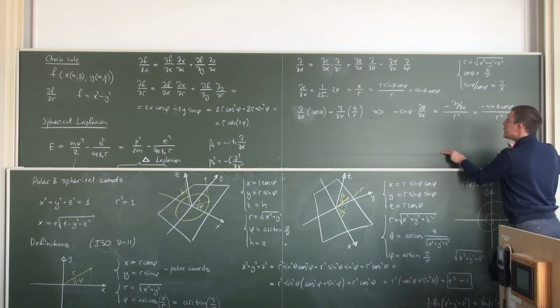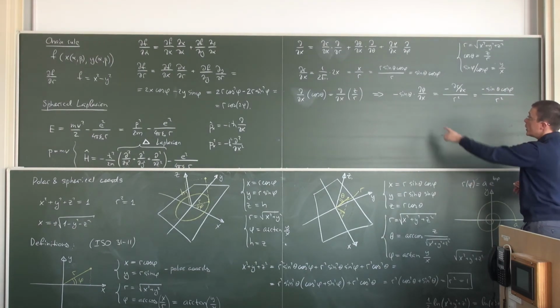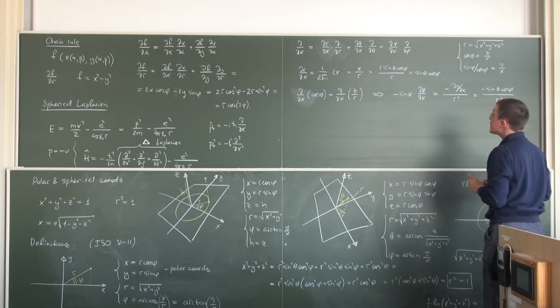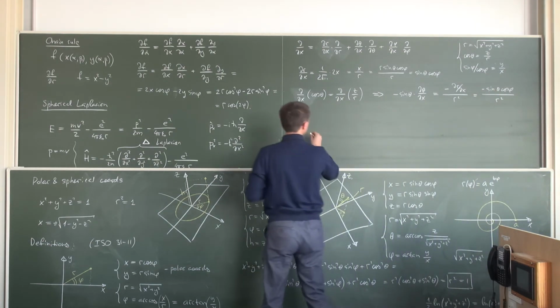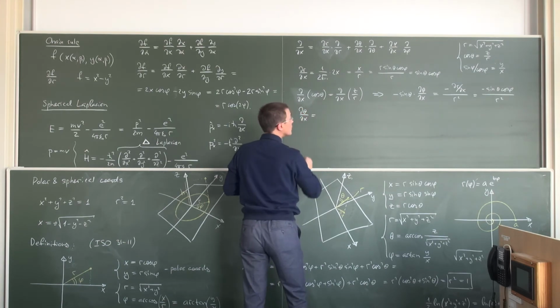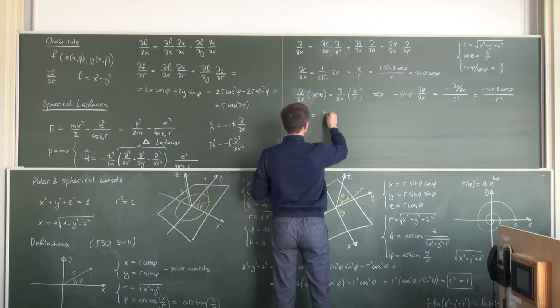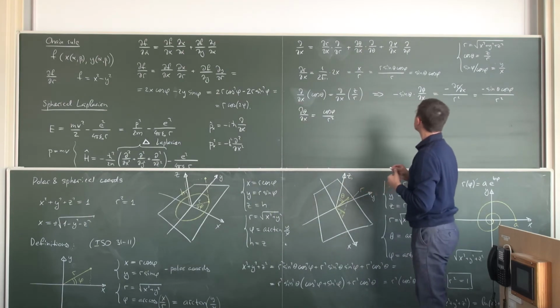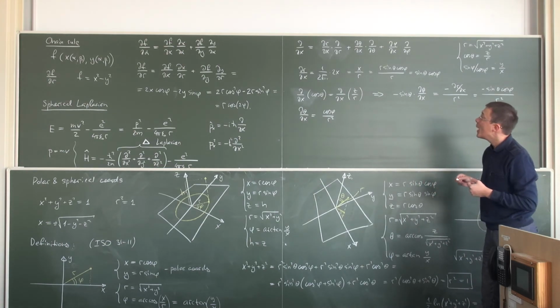Okay, and now we cancel sine theta on either side, cancel the minus as well, and we obtain d theta by dx is going to be cosine phi over r squared. As you can see, again, not too bad.